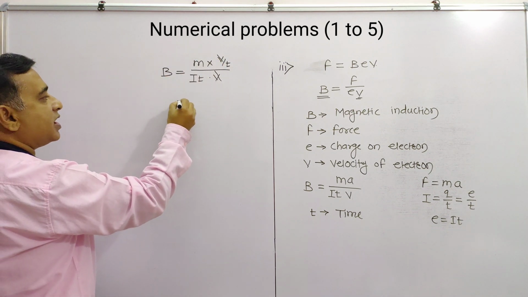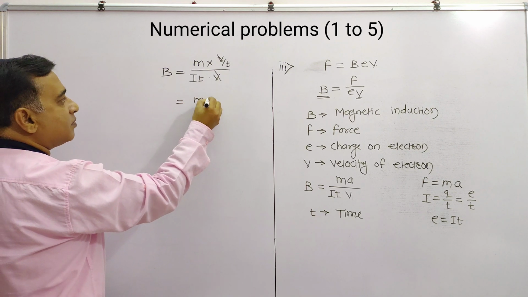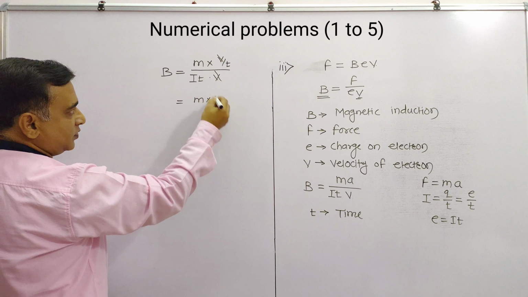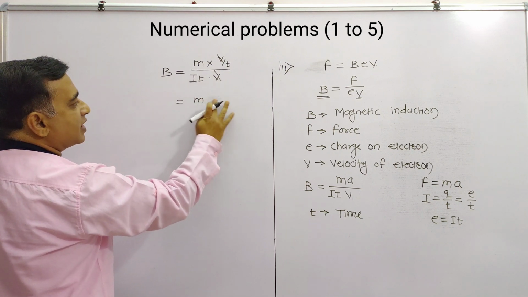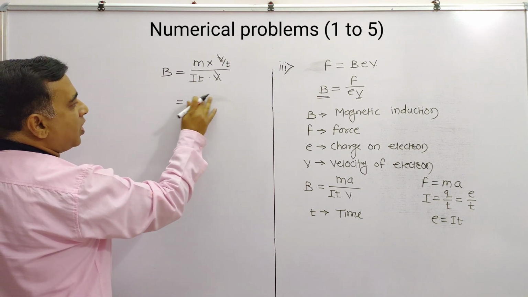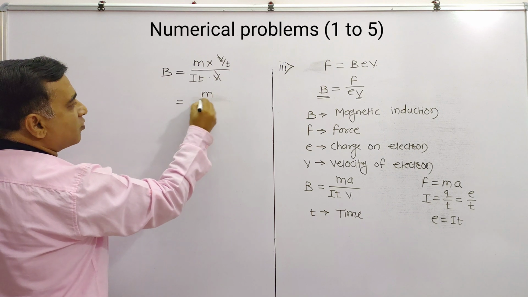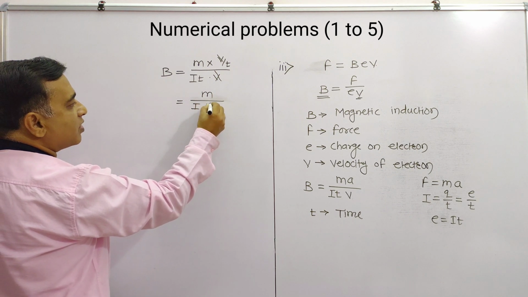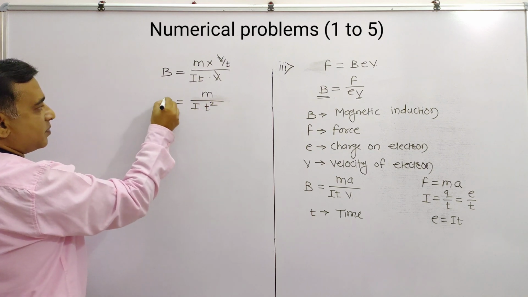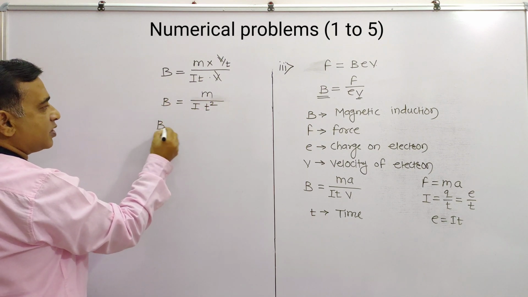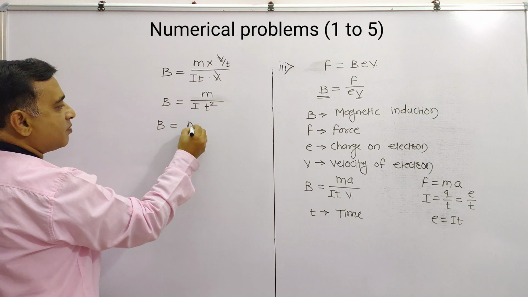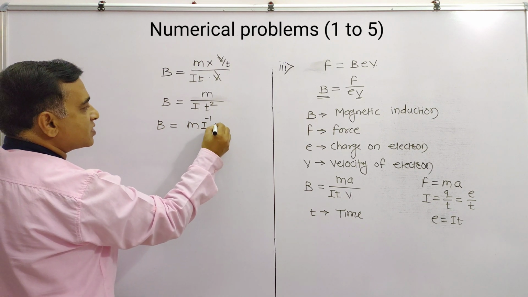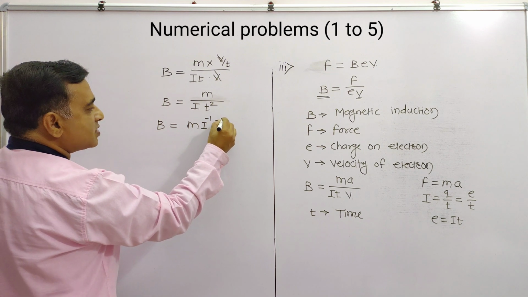So what is the remaining term? I'm going to write m upon I into t raised to power 2. So this is B, and accordingly I'm going to write the dimension of this one: m into I raised to power minus 1 and t raised to power minus 2.